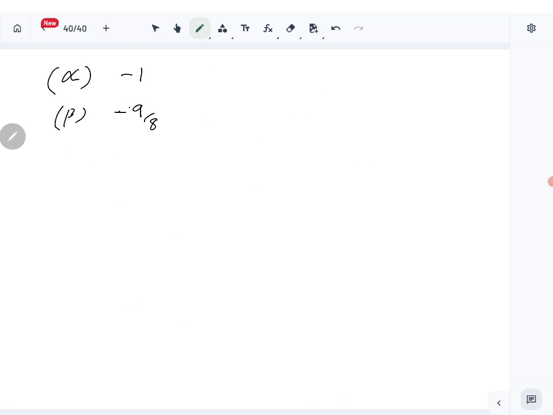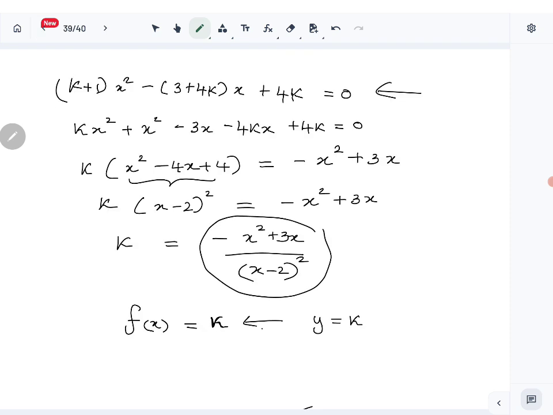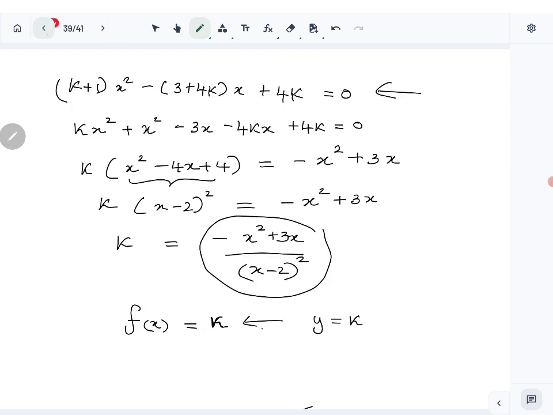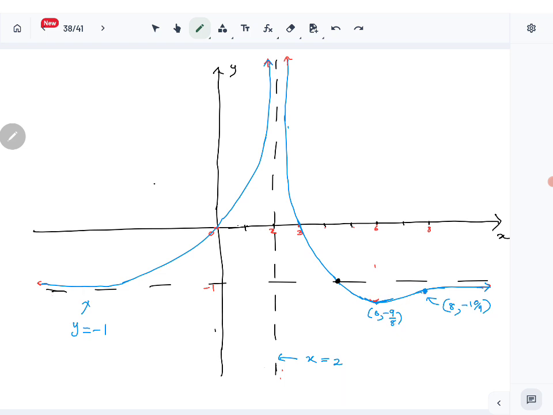So minus 1 to infinity, k can be greater than minus 1. And what's the other range? Between minus 1 and minus 9 over 8 also works. No? Between this point and minus 9 over 8 also works.